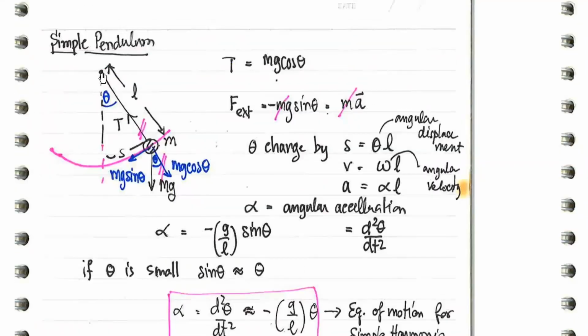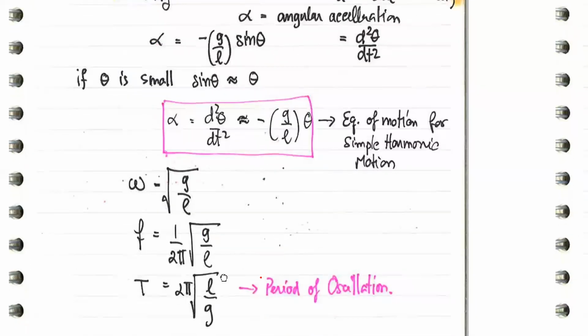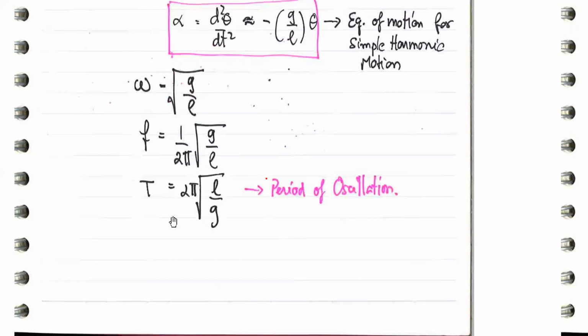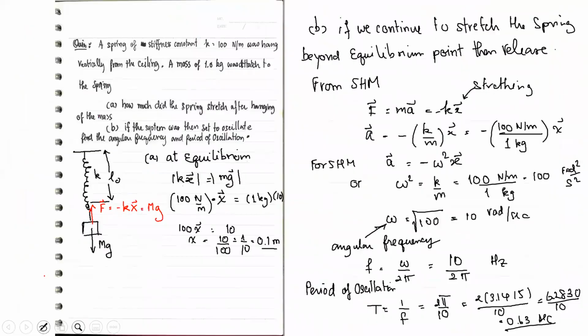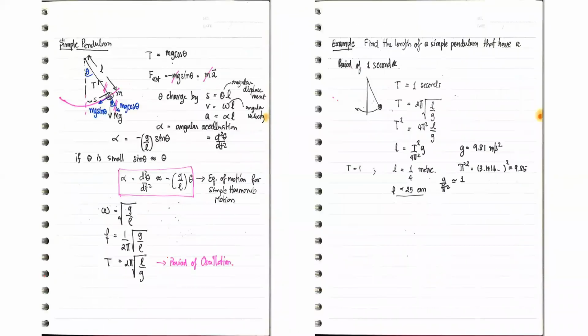So a simple pendulum, if you pull it out from the equilibrium point by a small angle, usually what they say is less than 5 degrees, will swing back and forth like simple harmonic motion. And let me write something here.